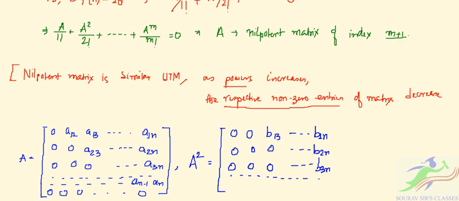Leaving all the rows, you can check, this will also be 0, and the last row will itself be 0. So from here we can infer that A is a zero matrix, right?